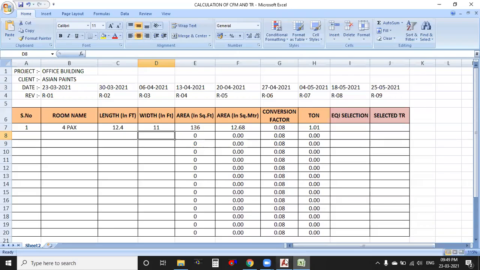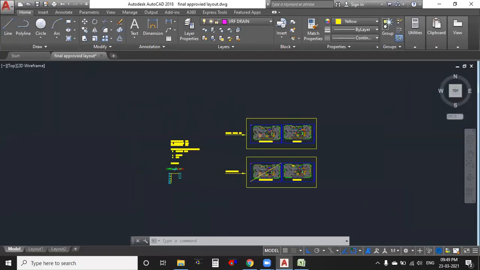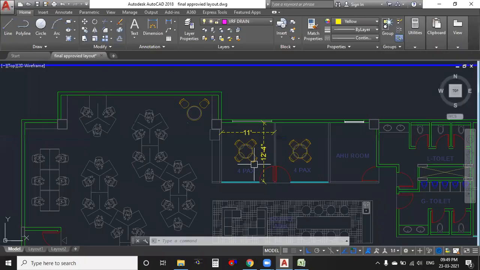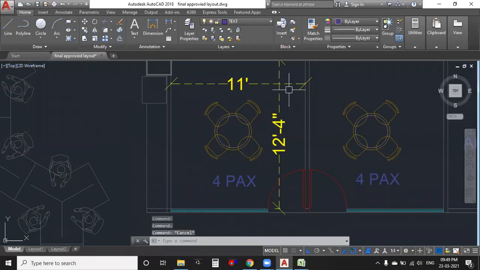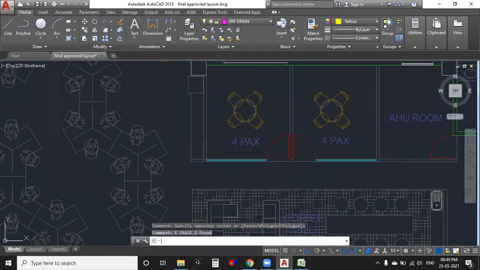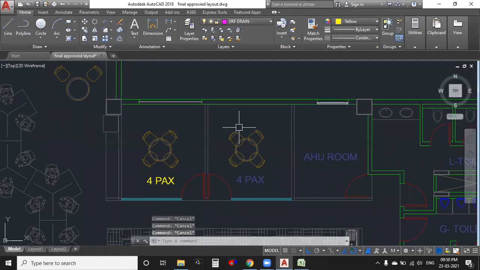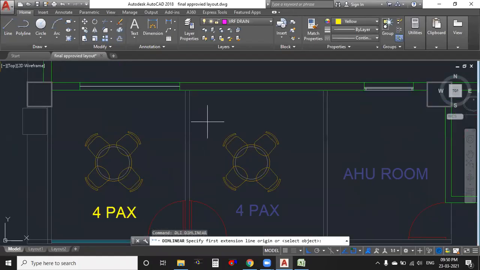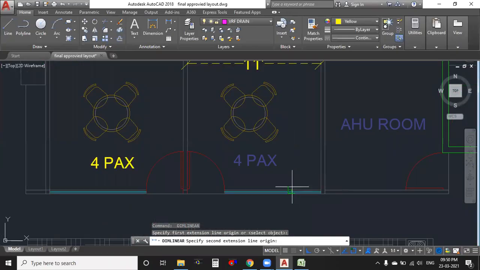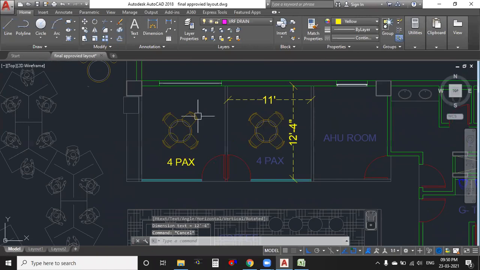Now, this 4-pack room I have done. Whatever you have done, just make a color change, then there is no issue. This I am having as 4-pack. Again here I am having the dimension, so from here to here I am measuring. This is showing 11 feet and this is showing 12.4. Both are the same only.